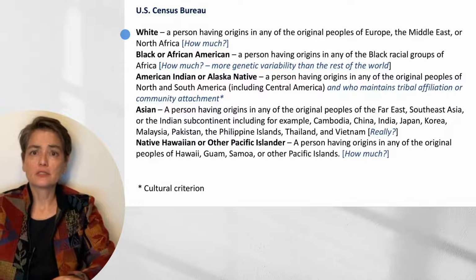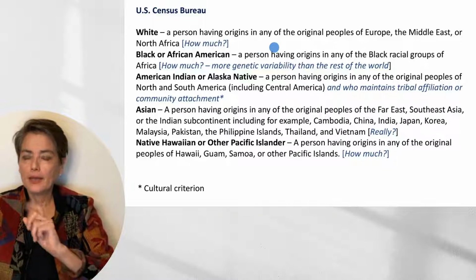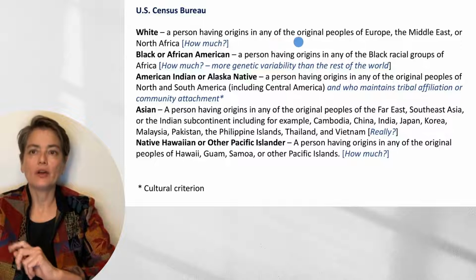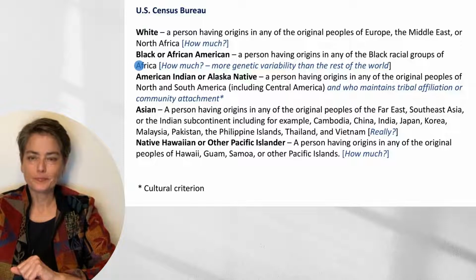So let's look at this category of white, a person having origins in any of the original peoples of Europe, the Middle East, or North Africa. And just one point is that this definition has changed over time, and it varies by country. Here, the question we would ask is, well, how much origin? Because if you have a white person who has a child with a black person, where the person having origins in any of the black racial groups of Africa, how do you define that person?